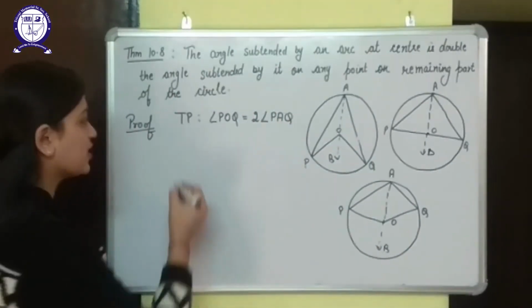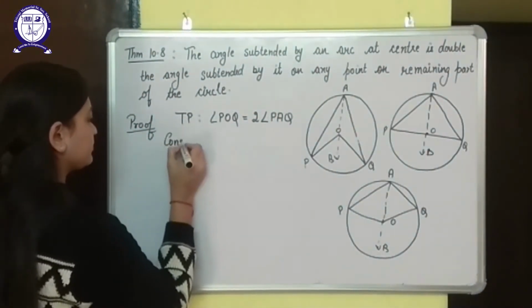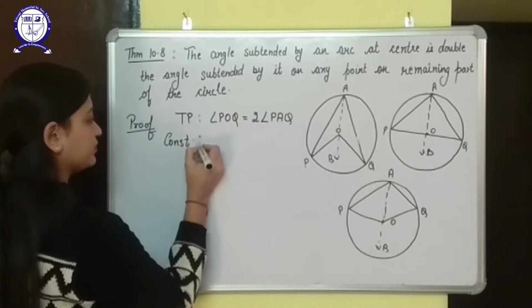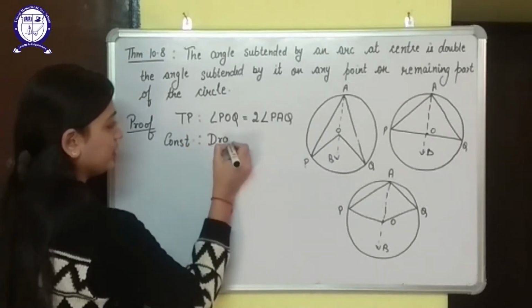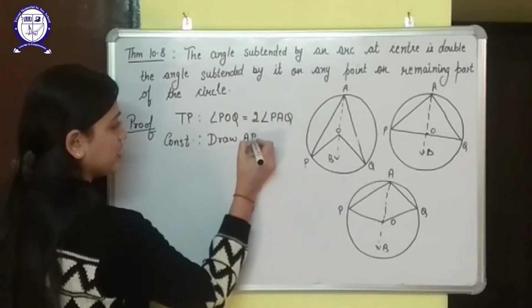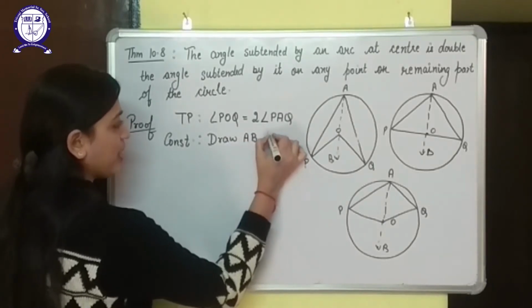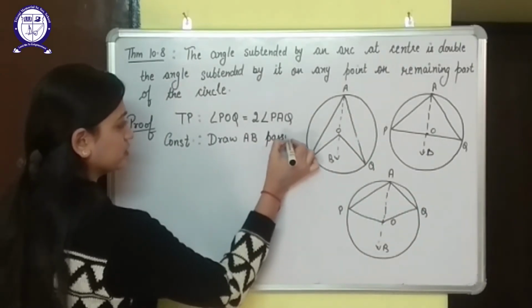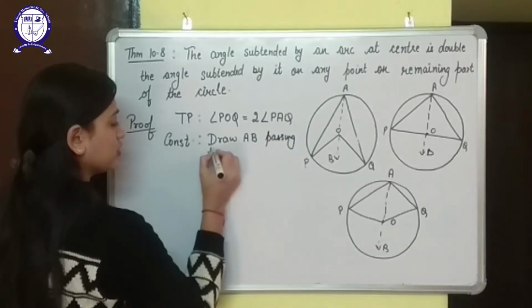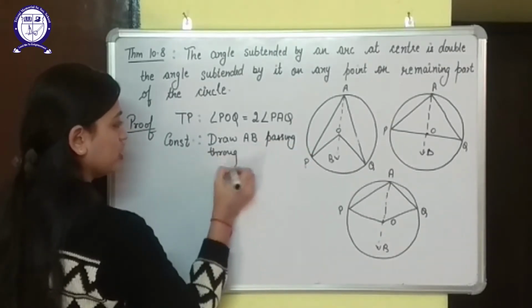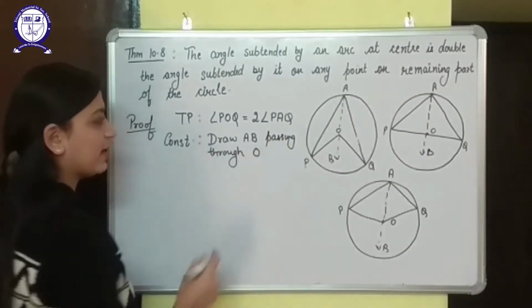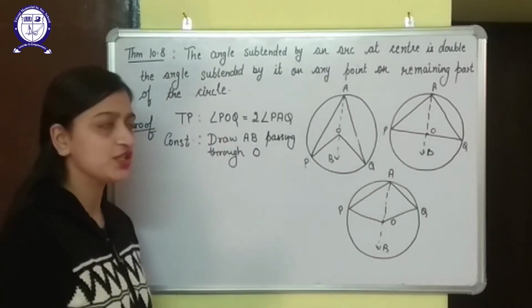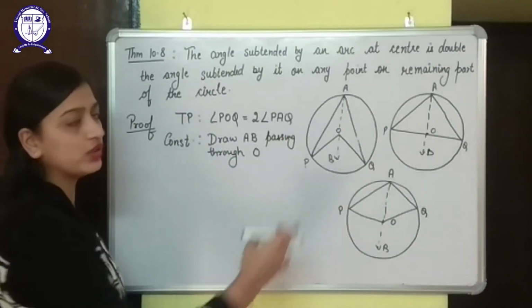So this is the construction. Draw line AB passing through center O. We have drawn a line AB which is passing through the center O in all the three figures.